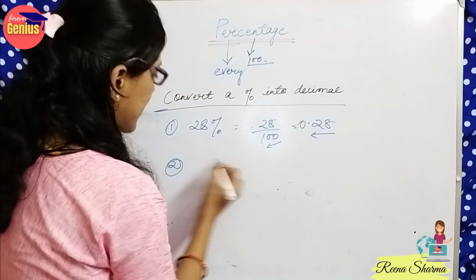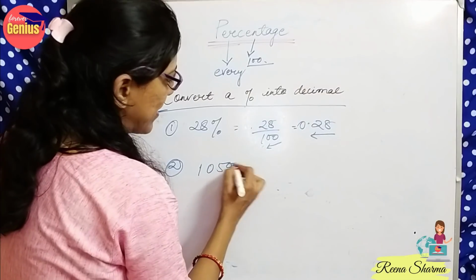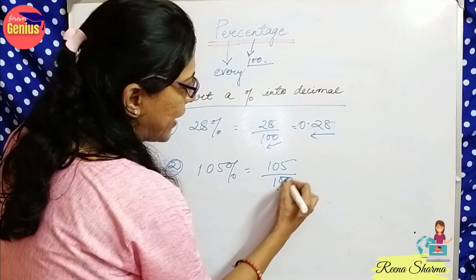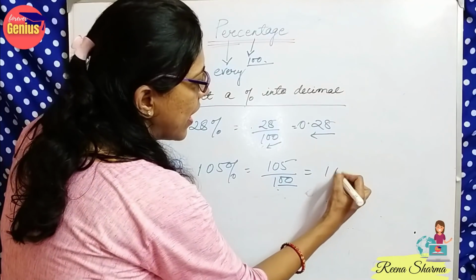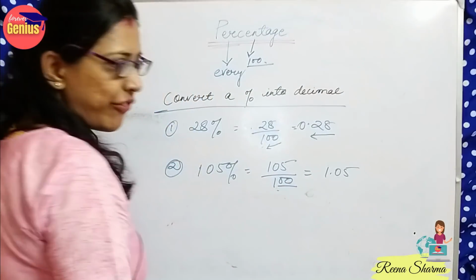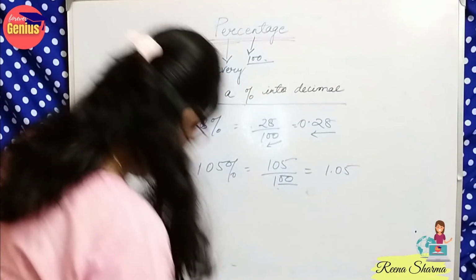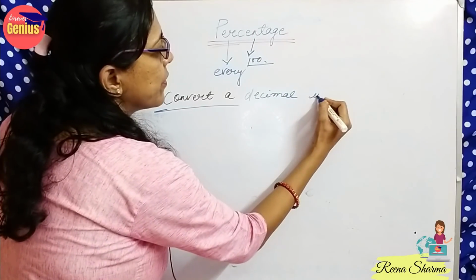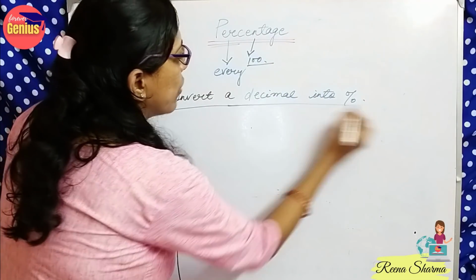Finish. If it is given 105 percent, I'll just write 105 by 100, 2 zeros, just count and place the point. Finish. That's it.